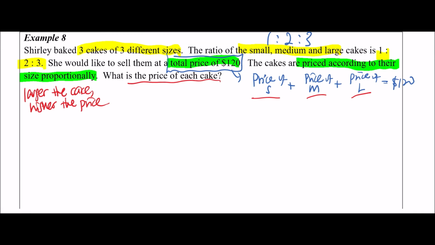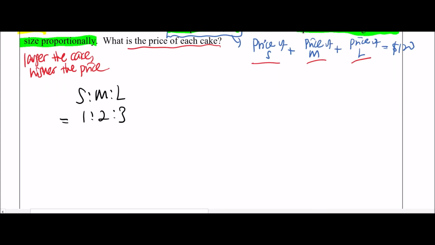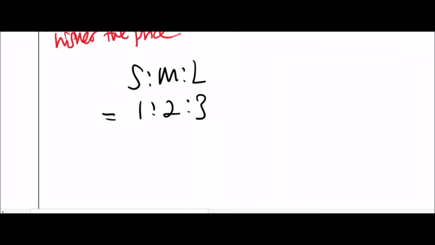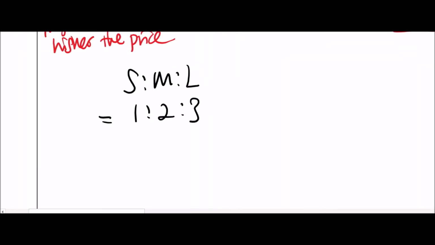Let me write down the information again. S is to M is to L is 1 is to 2 is to 3. Now this 1 is to 2 is to 3 can be the ratio of the size, and can also be the ratio of the price, because the larger cake, she's going to sell it more expensive.